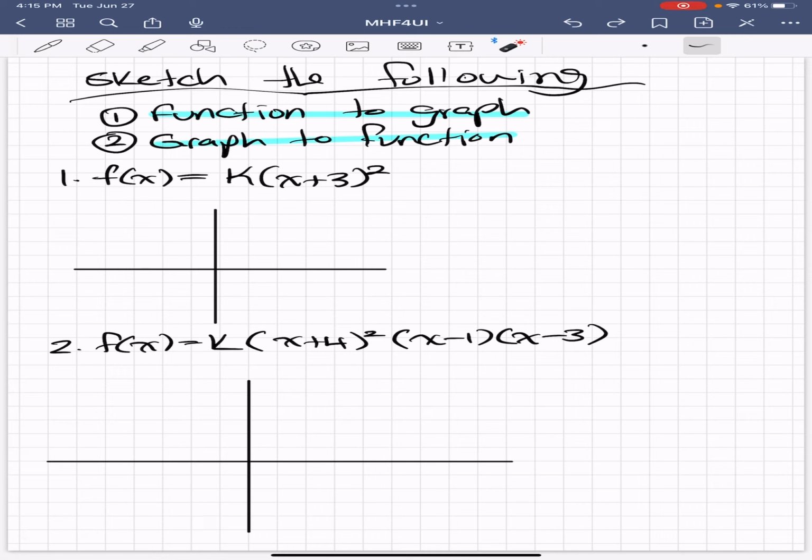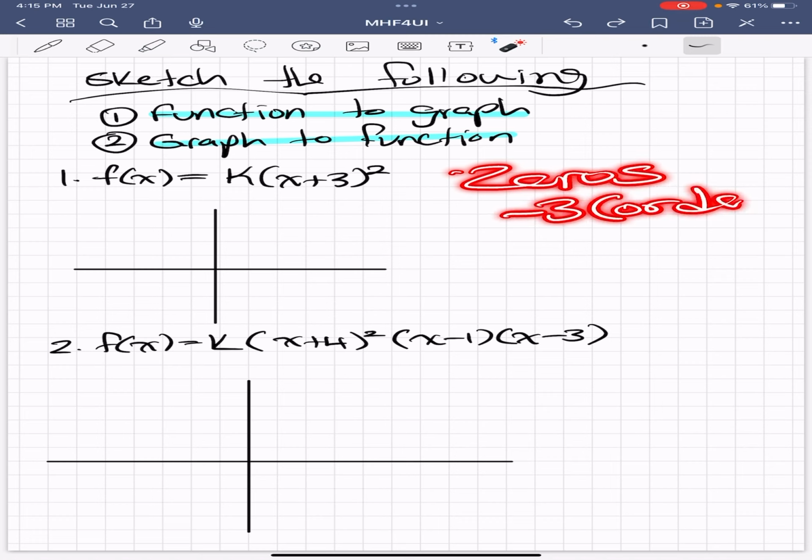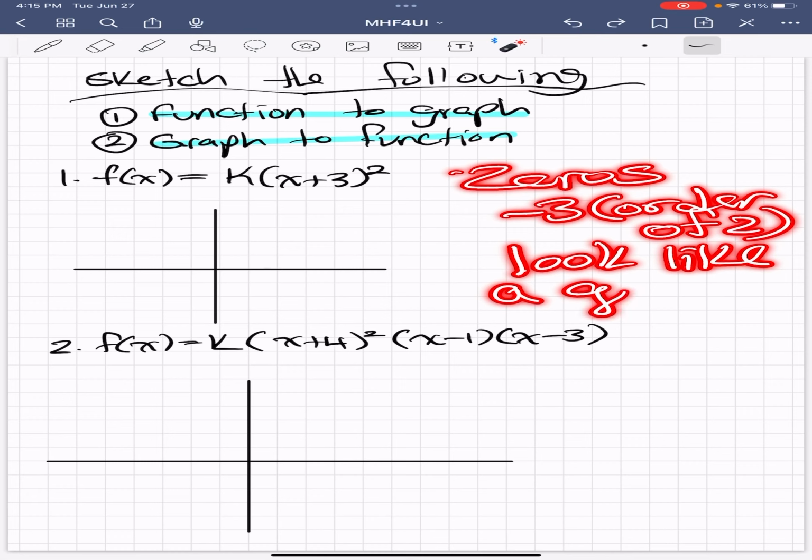Okay, so we're going to do function to graph and graph to function. So as you can see here in the zeros, zeros is -3, order of 2. So it's going to look like a quadratic function.